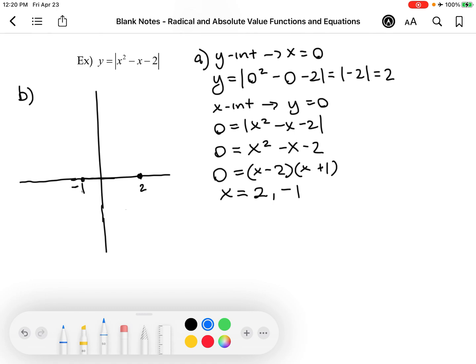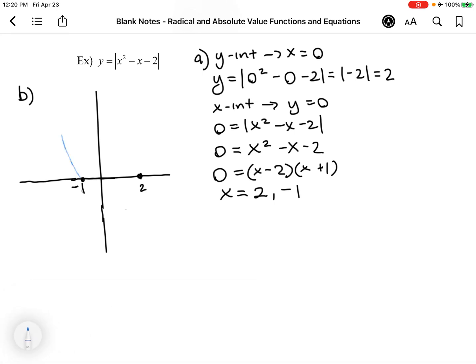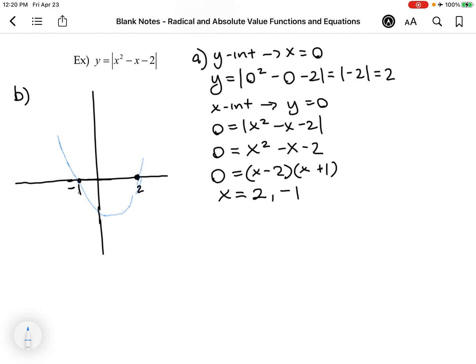This parabola would open up because the value of a is 1. So this would look like this. And the y-intercept would be here at -2.